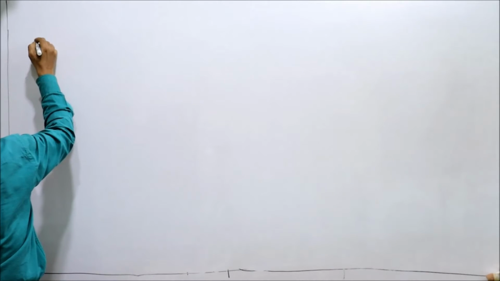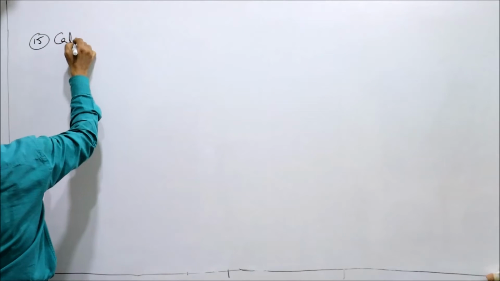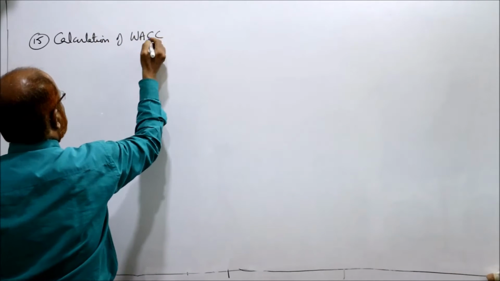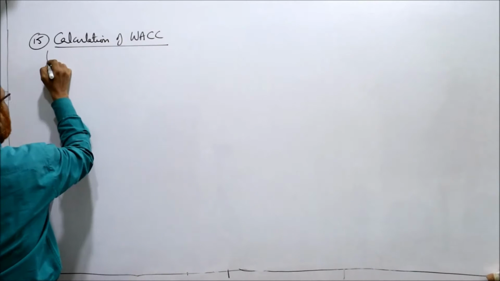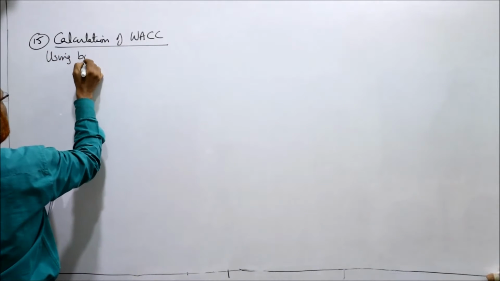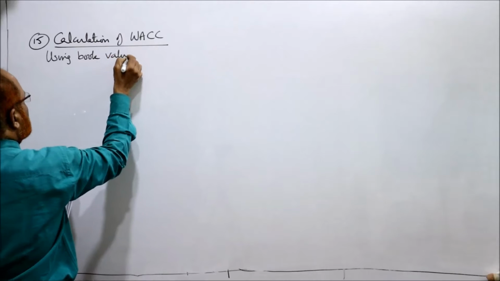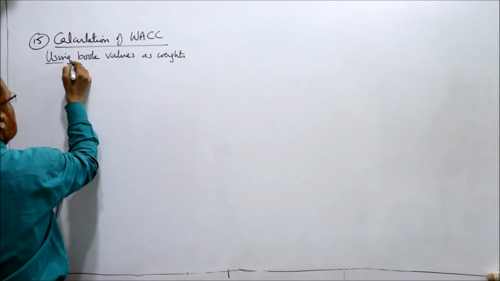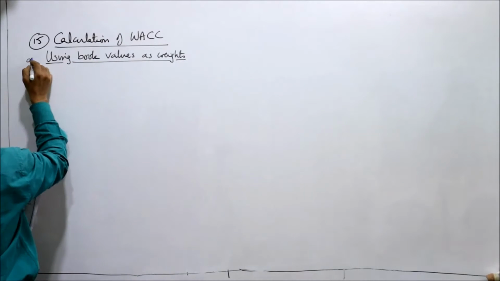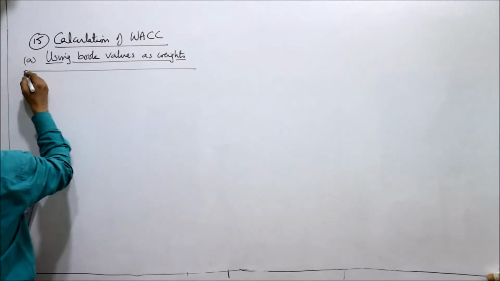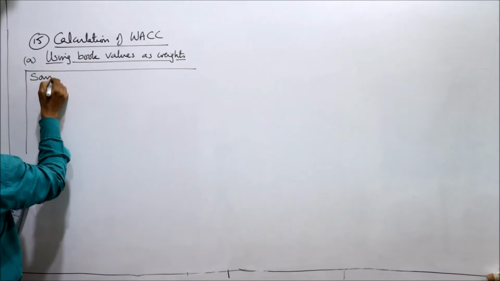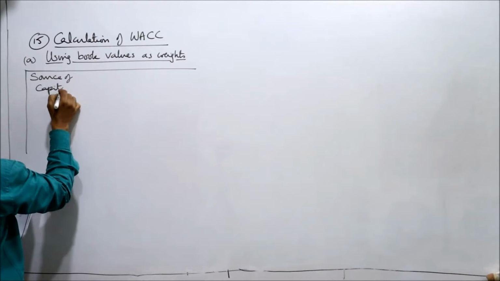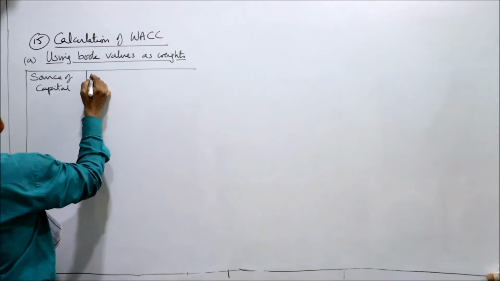So 15th problem, calculation of WACC using book values as weights. Source of capital. Then we have book value.